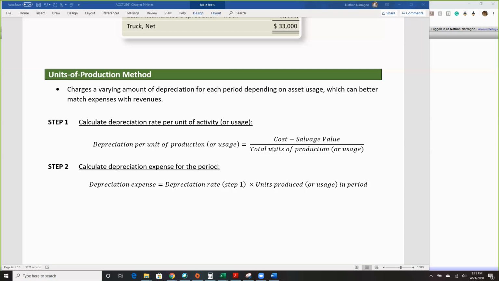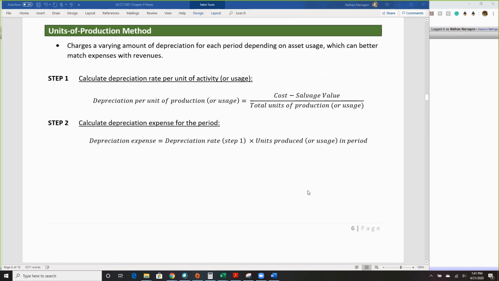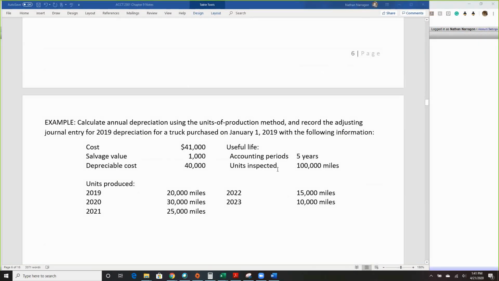Machines may actually make more units one year than others, and so forth and so on. So we're going to take this rate and we're going to multiply it by whatever the activity we done. So the usage, products produced, miles run, so forth and so on. So for this, again, let's set up the average table.